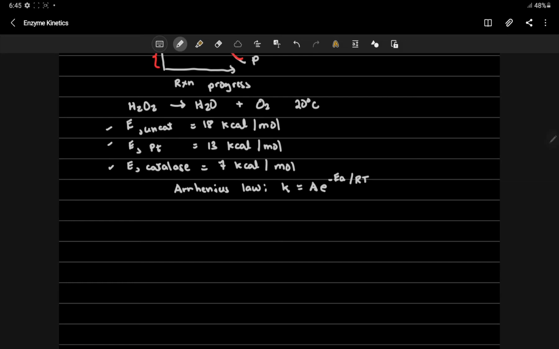So, ang gagawin ko ngayon is to compare these three here. Or actually, let's just have a comparison between that of an uncatalyzed reaction for hydrogen peroxide breakdown into water and oxygen. So, compare ko yung uncatalyzed. Let's say that's reaction 1. Tapos, 2, compare natin siya doon sa kinatalyze ni catalase. Okay? So, let's see the difference in terms of speed. Now, we need to use a gas constant here.